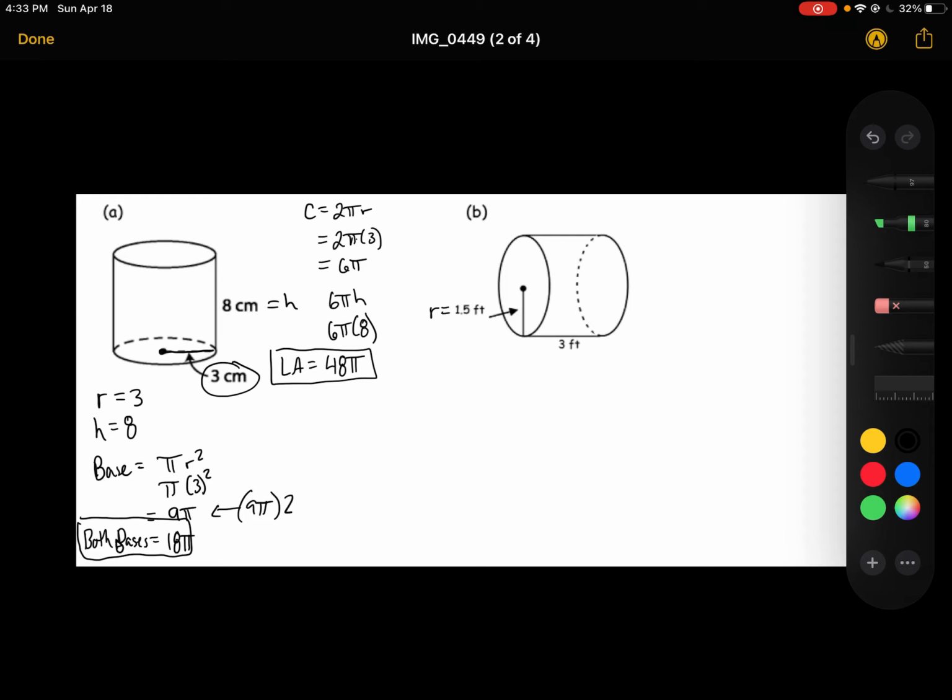So that's one example. A second example that we can do for our bases and for our lateral area is, again, let's go through and identify these things. Our radius is 1.5 here. Our height equals 3. So for the base, we get pi r squared.